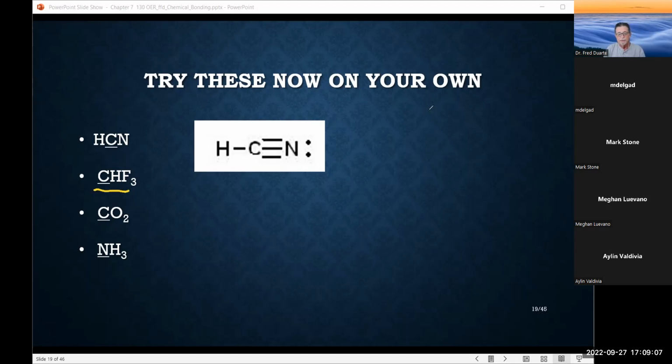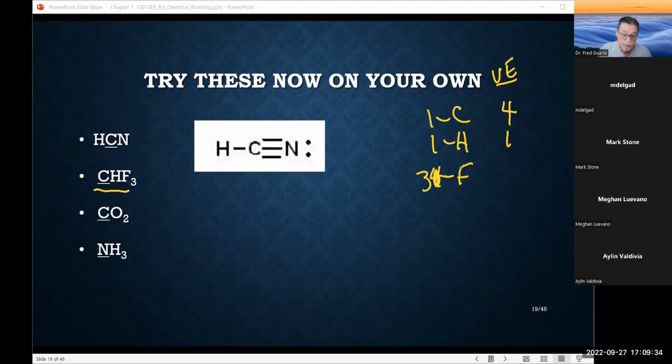And so what we have is 1 carbon, which brings in 4 valence electrons, right? It's in group 4. All right, again, we have 1 hydrogen, which brings in 1 valence electron. And now we have 3 fluorines, okay?